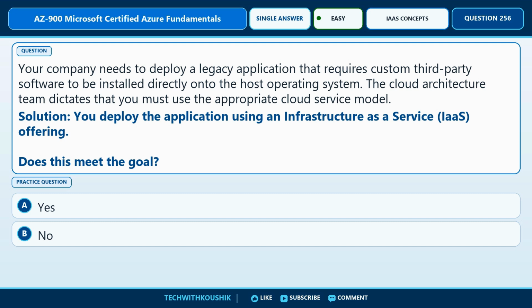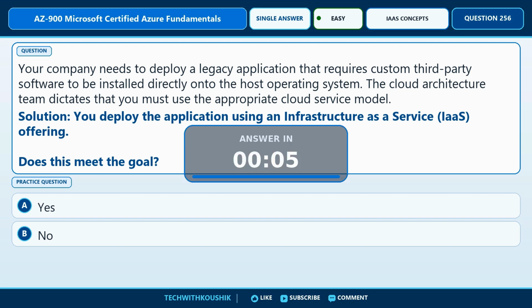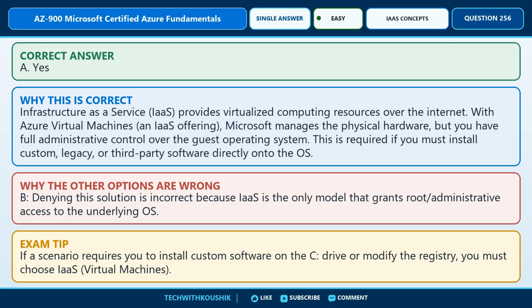Use the details in the question to eliminate options. Consider option A, yes. Consider option B, no. The answer here is option A, yes.